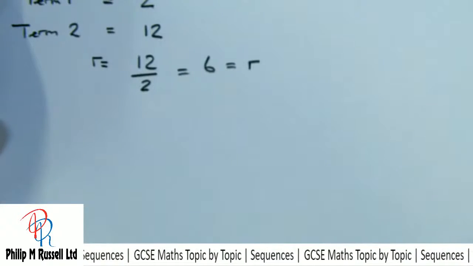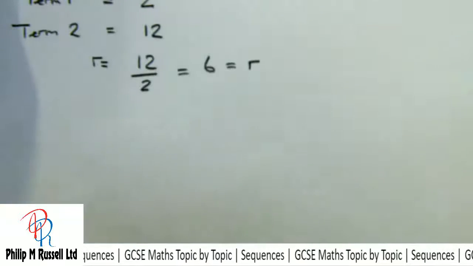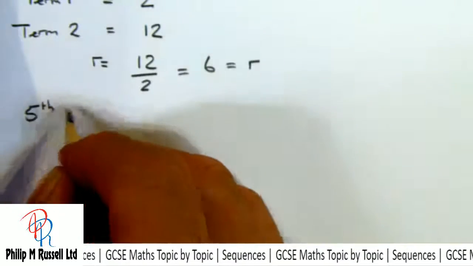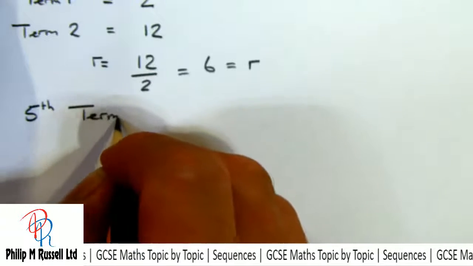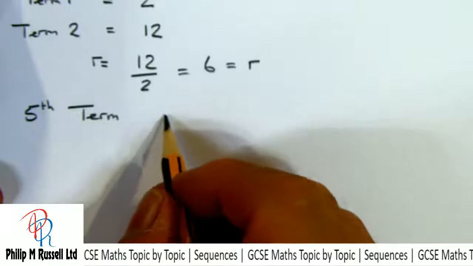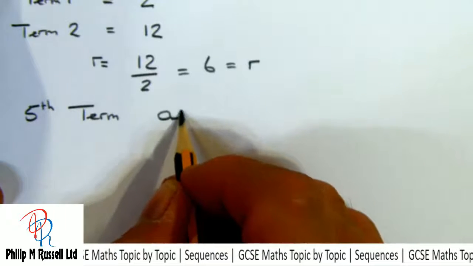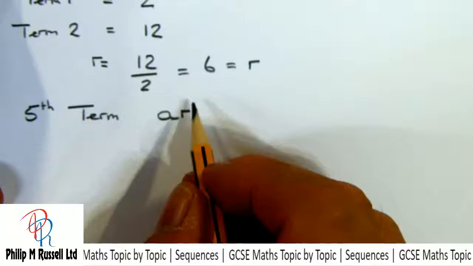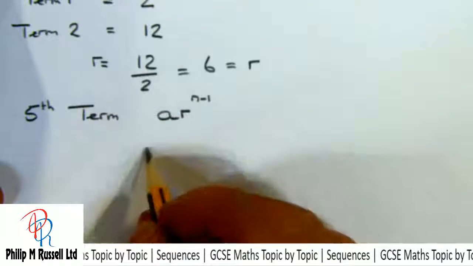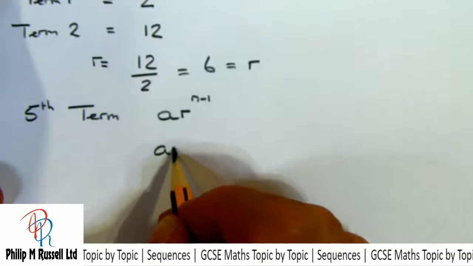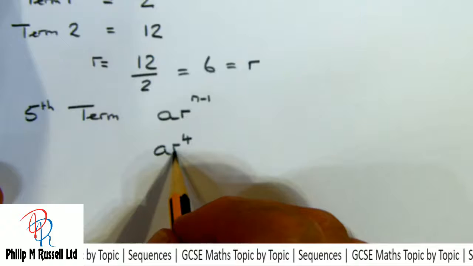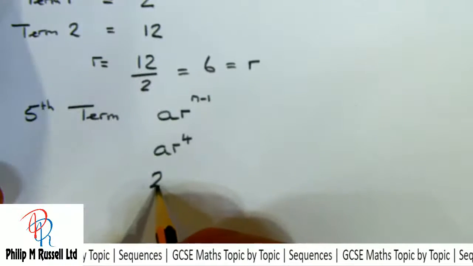Now, let's suppose we're asked to find the fifth term. If we're asked to find the fifth term of this, then a r to the power of n minus 1, so that's going to give me a r to the 4. We already know what a is. a is 2.